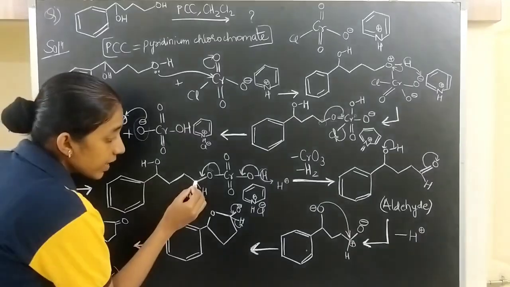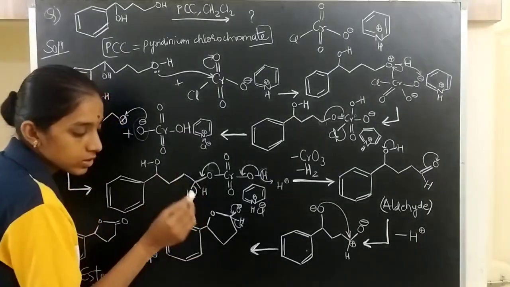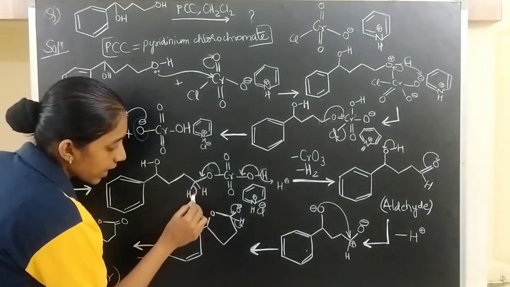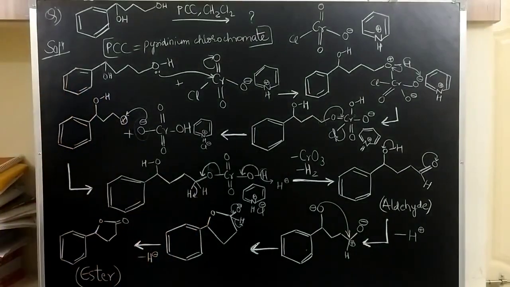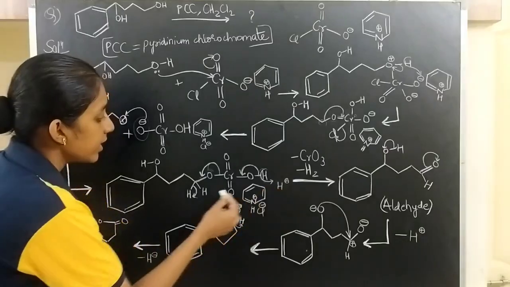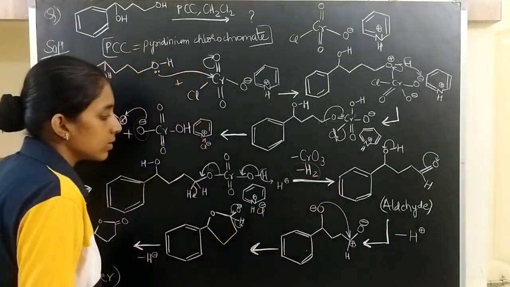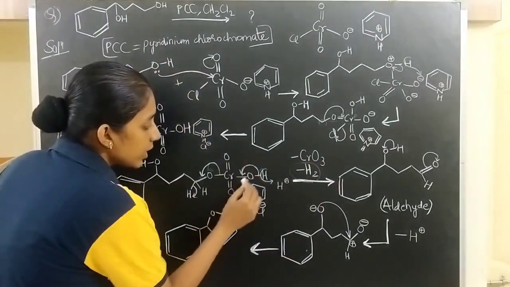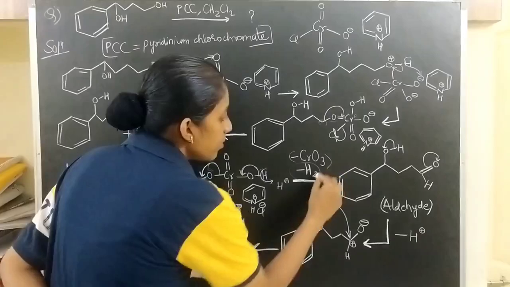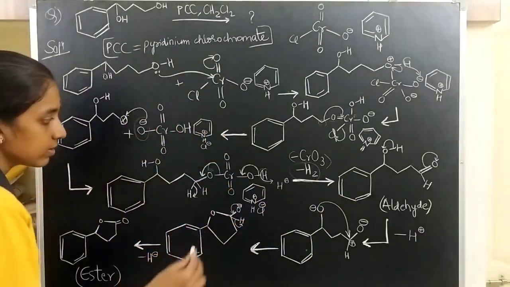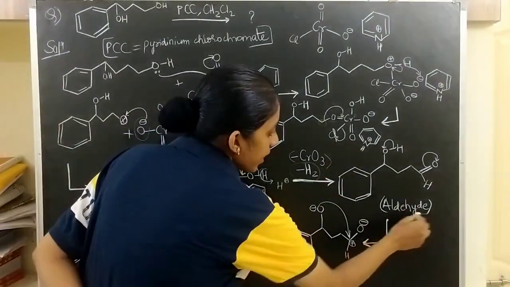Now here carbon is carrying more bonds, that is 5 bonds. So one hydrogen is removed as hydride ion, that is H minus. So H plus and H minus will be removed as H2. And this CrO3 is also eliminated in this reaction, giving us an aldehyde.